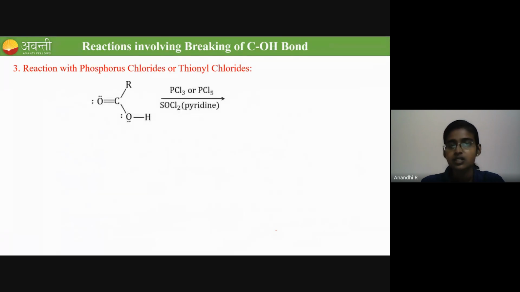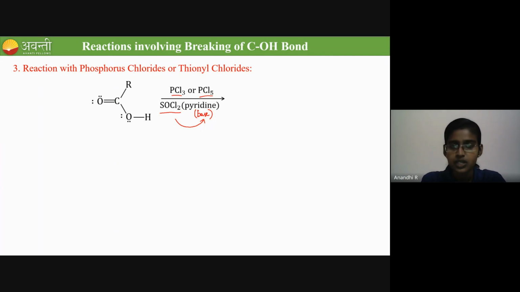So we take the carboxylic acid first, and in presence of PCl3 or PCl5 or SOCl2 in presence of a base called pyridine. Here pyridine is acting as a base for the reaction of acid with SOCl2. You have to take either of these three reagents to react with this carboxylic acid.